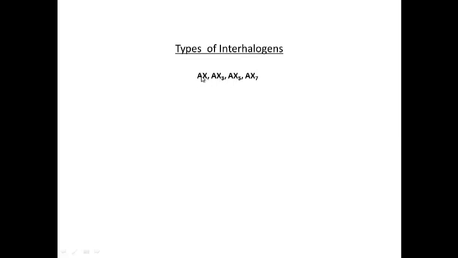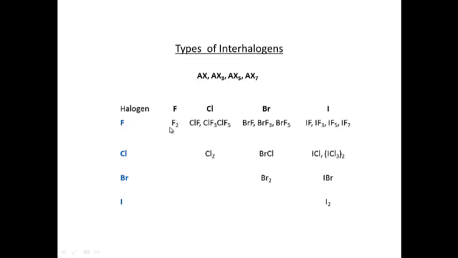A is the more electropositive halogen than X. So if it is a chlorine and bromine interhalogen compound, then chlorine, since it is more electronegative, will be X, and bromine, as it is less electronegative, will be A. These four types of interhalogens are AX, AX3, AX5 and AX7. Usually diatomic molecules of the same halogens are not considered in interhalogen chemistry.